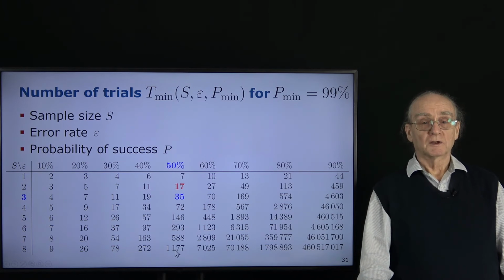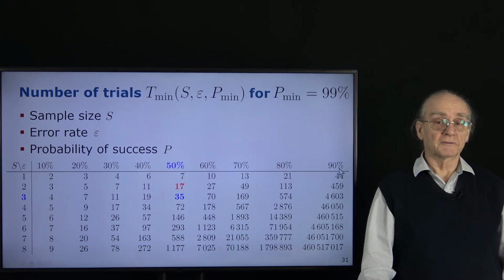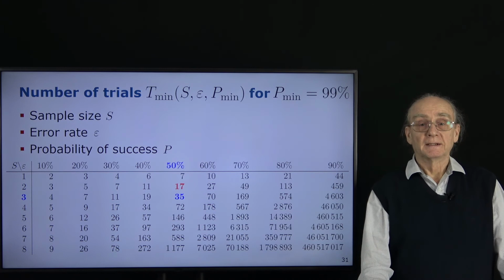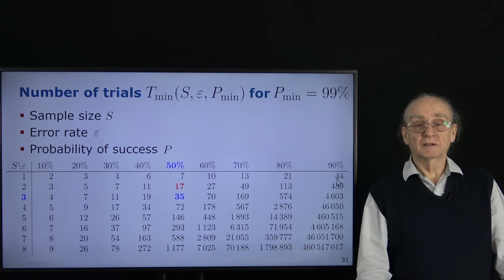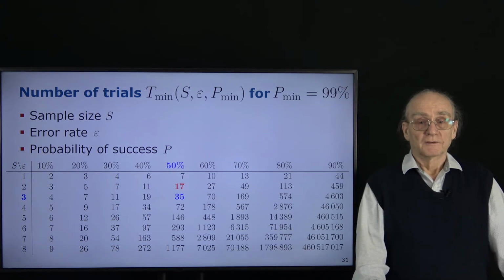The same holds if we go to a very high outlier ratio, which we have seen works in this small example with a straight line fitting. Of course, we have larger numbers here because it's less likely that we hit a good tuple or triple, so we need many more trials. So you see here in the case of 3 points, we need about 4,600 trials in contrast to these 35. Again, we have ratios of a factor of approximately 10, which is 1 over 1 minus 0.9, from the outlier ratio.